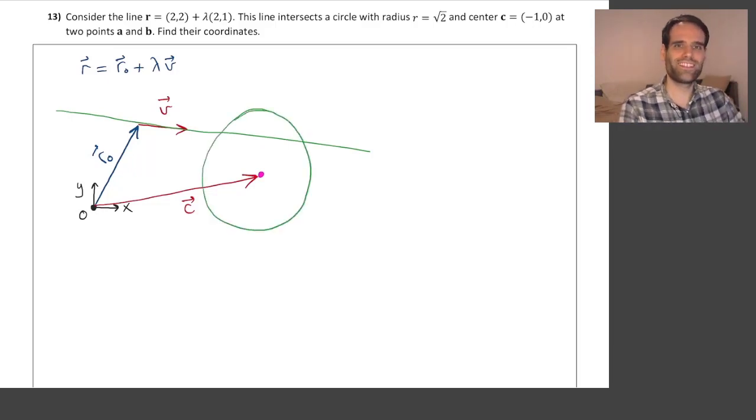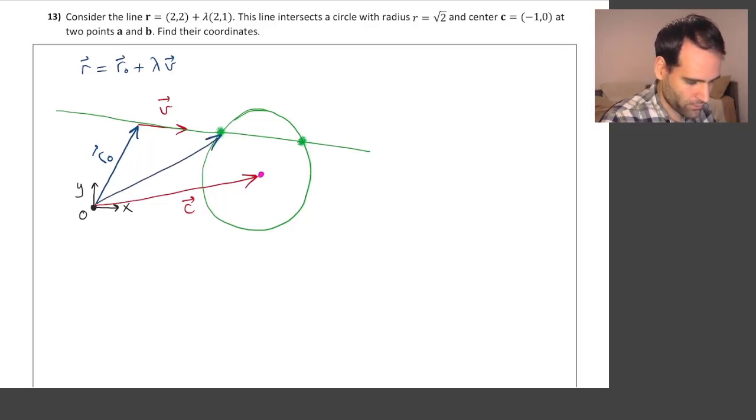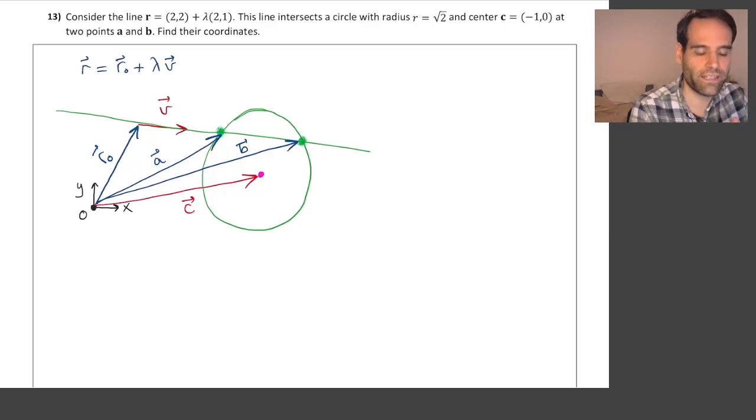Not a very professionally drawn circle, but it should be good enough. So now the problem is saying that this circle intercepts the line at 2 points, A and B. So our task for this problem is to find these two vectors, A and B.